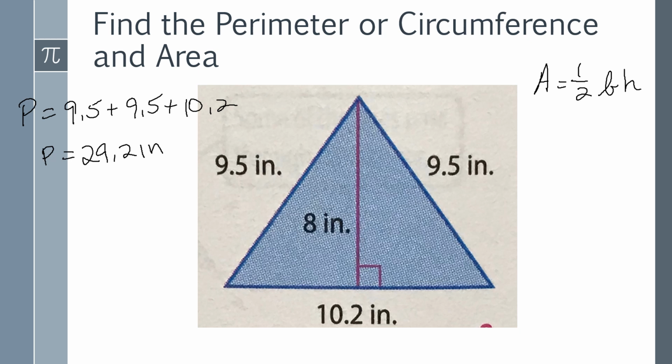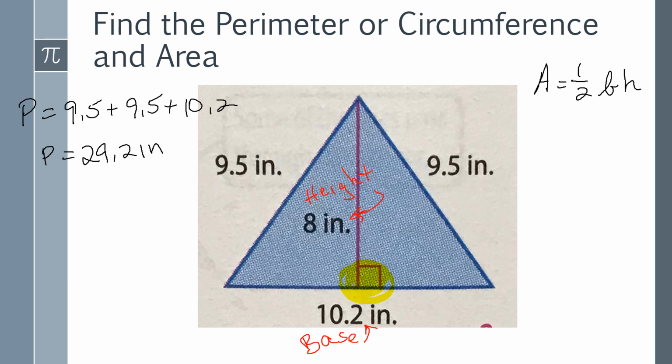This is what makes the base right here, where the right angle comes down, and they should draw that in. This here is the base value. That makes this one the height. Okay?